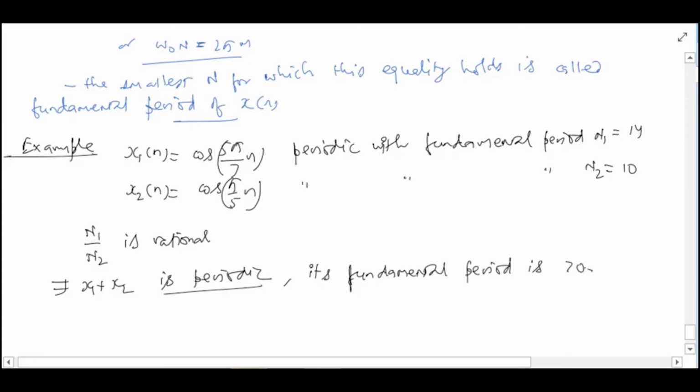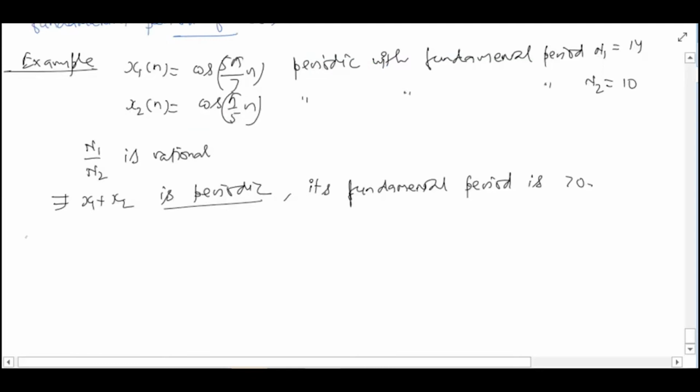Okay, so having defined periodic signals, let us now move to the definition of discrete time Fourier series. Let's look at Fourier series.